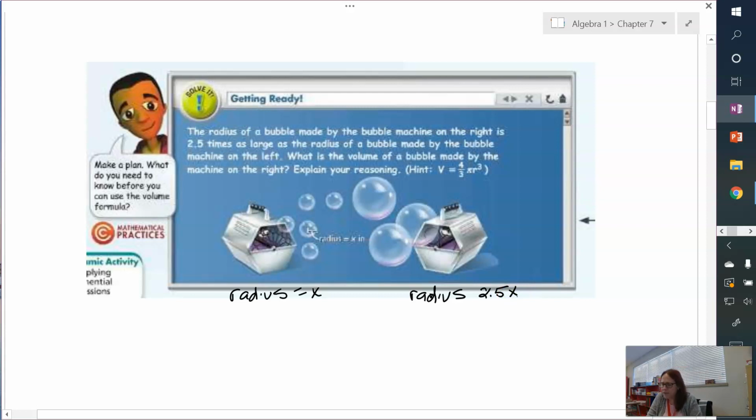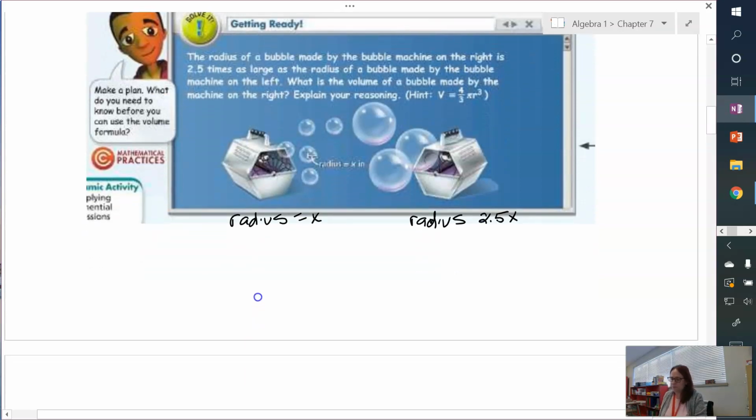And then it says, what is the volume of a bubble made by the machine on the right, with the bigger radius? And we're told that the volume is 4/3 times pi times r cubed.